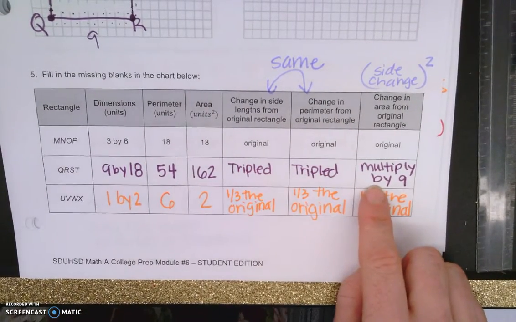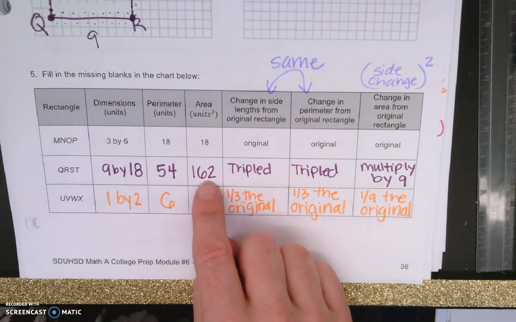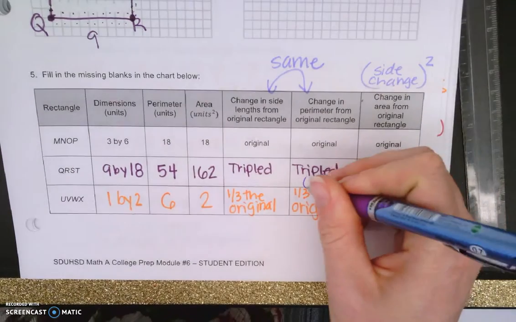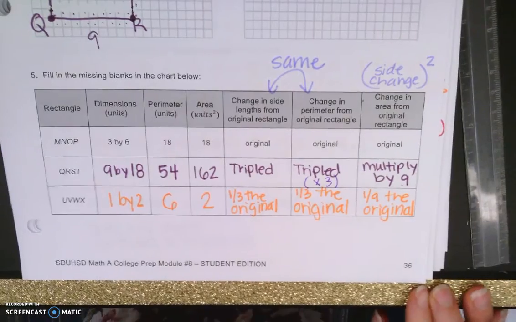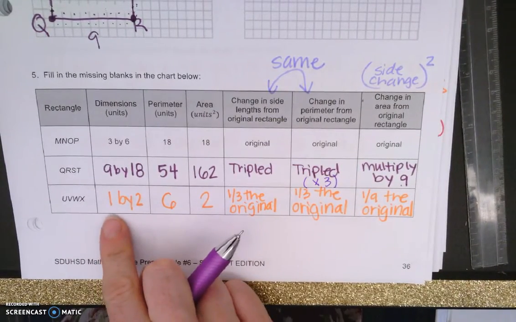So if we multiply our original by 9, we get our new area. Tripling is multiplying by 3. And here we're multiplying by 9. Interesting. Let's look at our other rectangle.